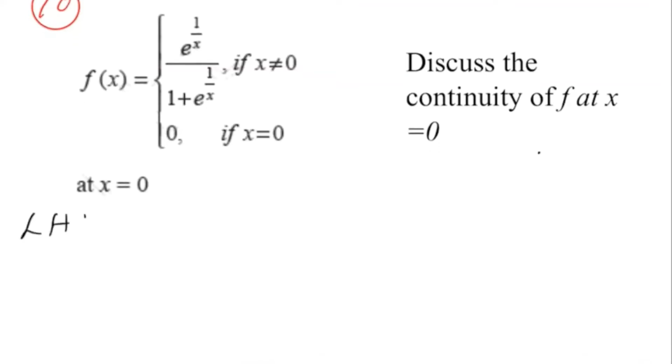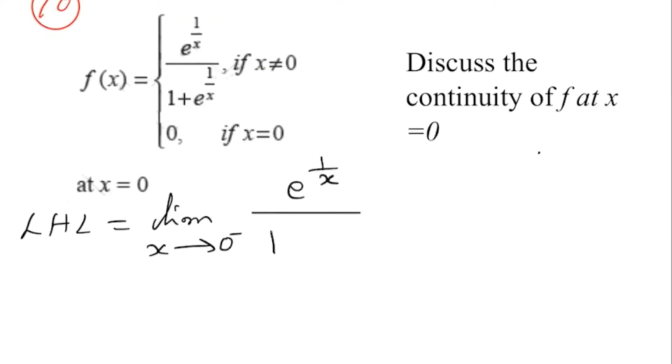Left hand limit of the function, limit x tends to 0 minus, approaching 0 through the values which are less than 0, that is from the left of 0. F of x is this expression. Now you are approaching 0 from the left.